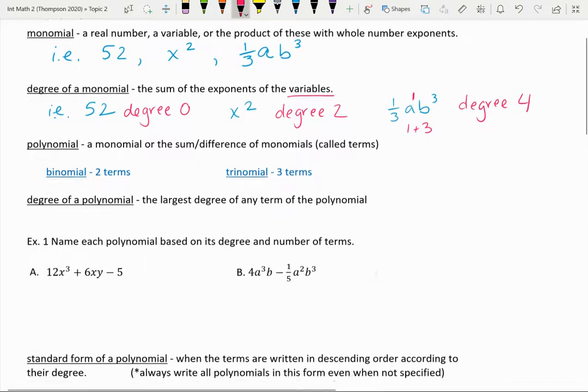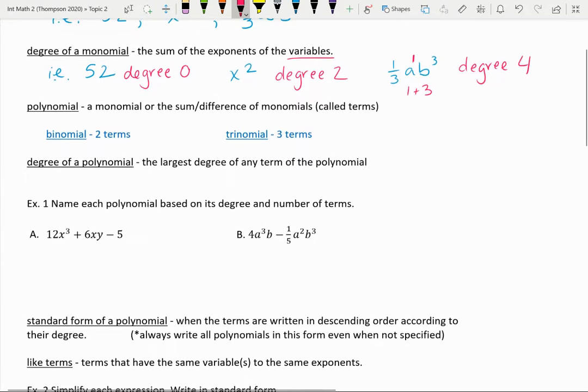So let's go through and talk about that in example 1 right here. Name each polynomial based on its degree and number of terms. So for A, I have 3 terms. I have 12x cubed plus 6xy, that's the second term, minus 5, which is the third term. So let's look at the degree of each term in this polynomial.